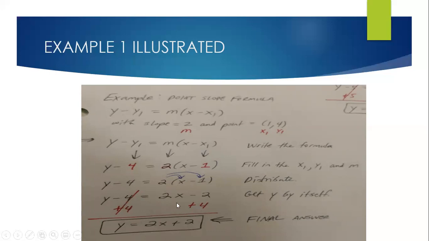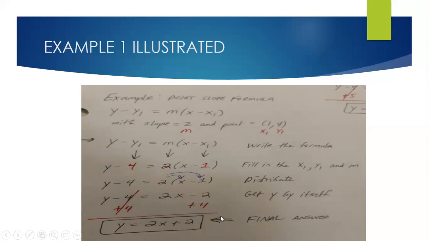So therefore, the plus 4 can only be added to the number that is by itself. 2x has an x next to it. It can't combine with that because that doesn't have an x next to it. So the plus 4 only combines with a number that is by itself, the minus 2. It does not combine with the 2x.